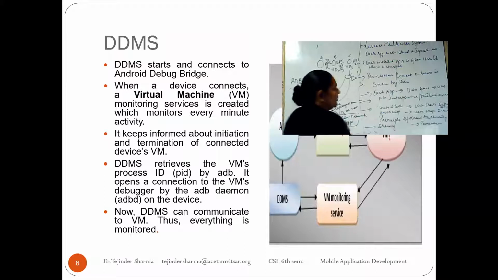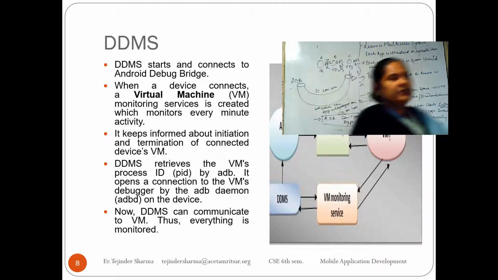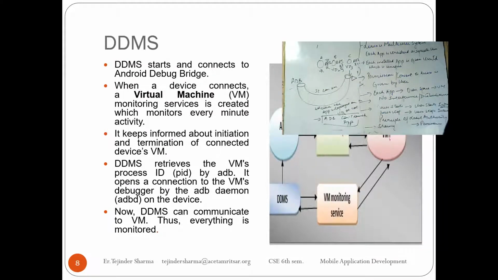That means it is not able to launch your app on the requested virtual device. So this is how DDMS works. Now DDMS can communicate to the VM and everything can be monitored. If it is deployed, then it is okay. And if it is not deployed, then it will give you the message "cannot launch the app."